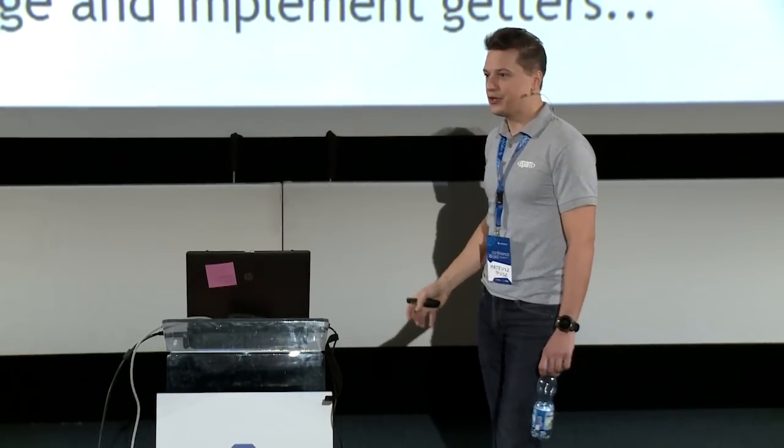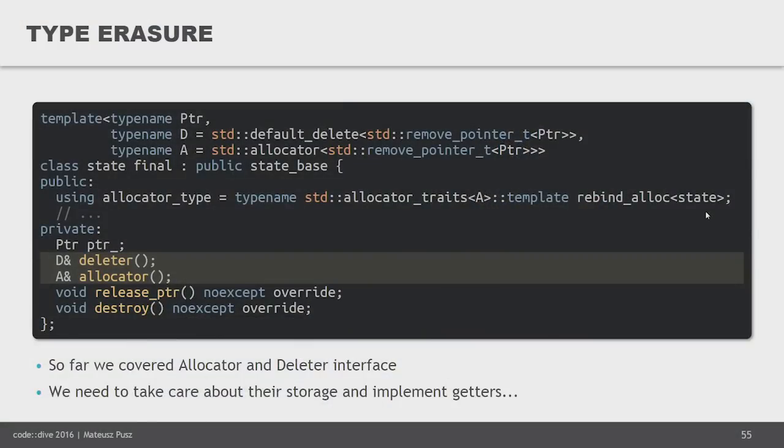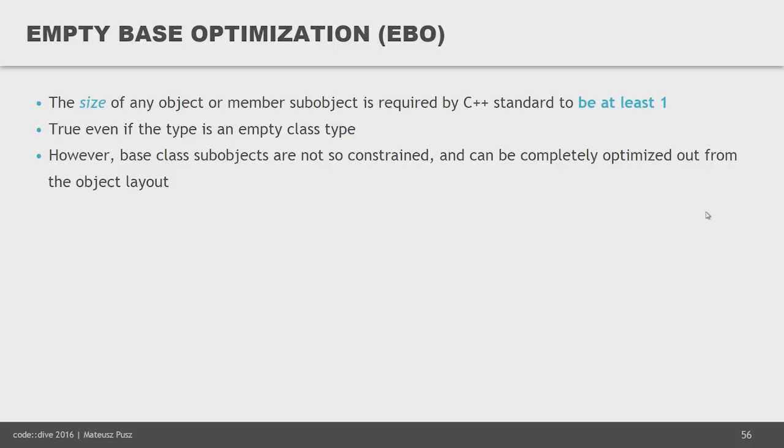We could just add new members to our state, like deleter member and allocator member, and they will be always there, taking some memory. Because what C++ says is that every member of a class has to increment the pointer of it, so if you point to the member, the pointers cannot be the same when they are pointing to different members, yes? The problem is when the default deleter or the default allocator, that both are stateless, are being used, you will always pay for the size of it.